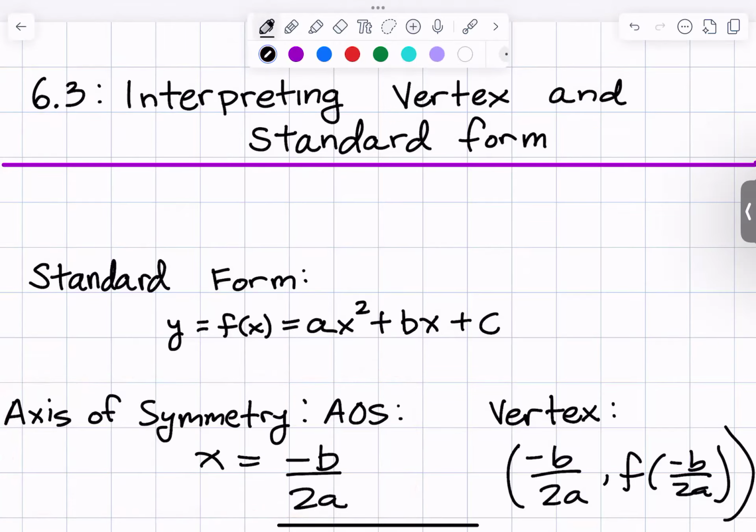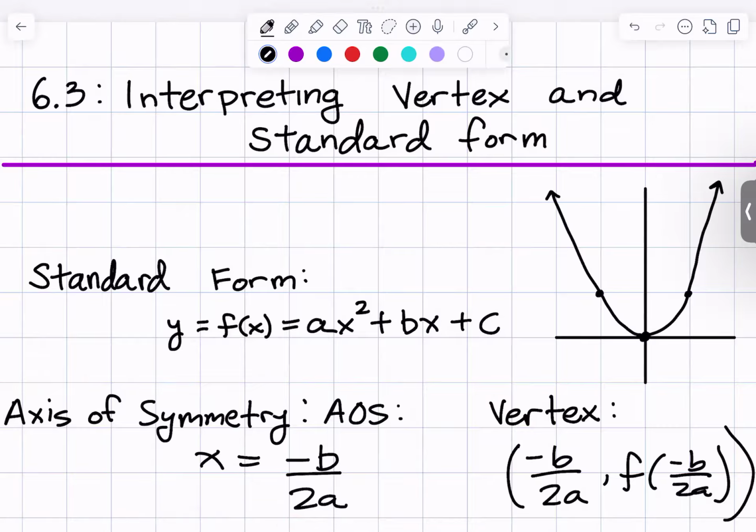Okay. And what I'm going to do now is draw a little parabola here and show you guys a special characteristic of the axis of symmetry and vertex. So there's 1, 1, there's negative 1, 1, and then I would draw two more points, but because the graph is so small, we could just work with this. Okay, and there's my parabola there, right?